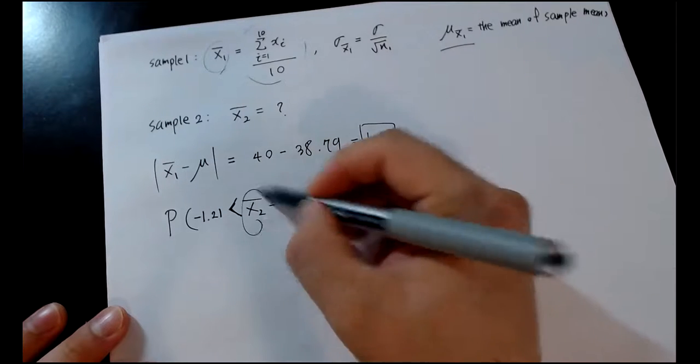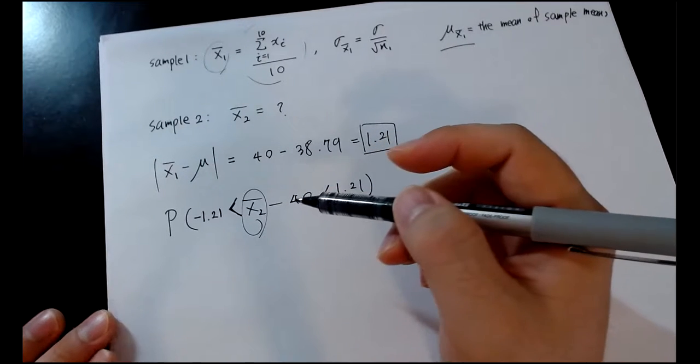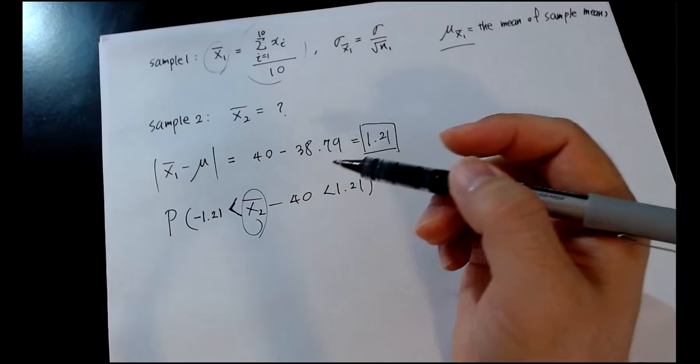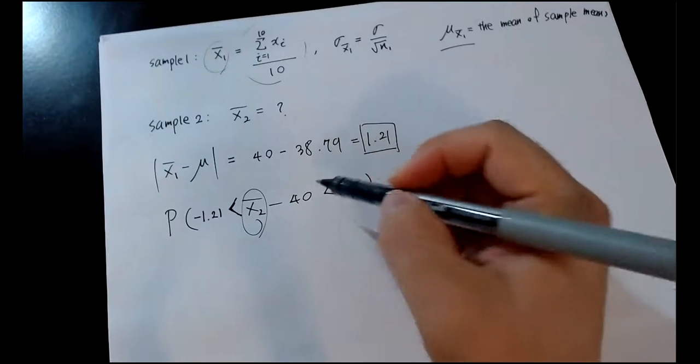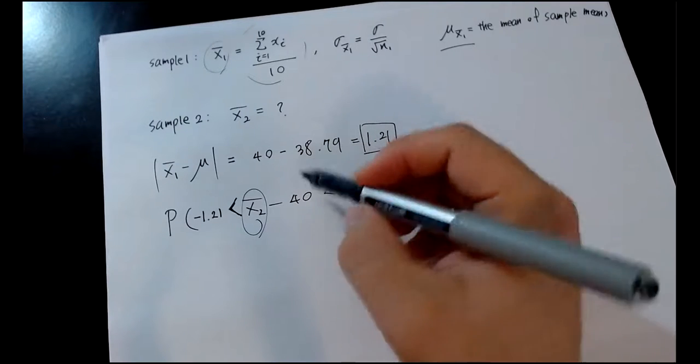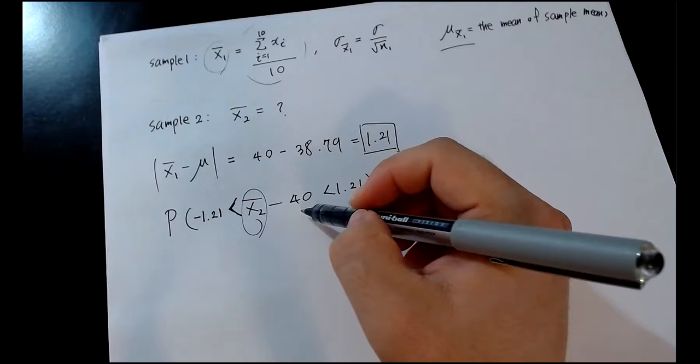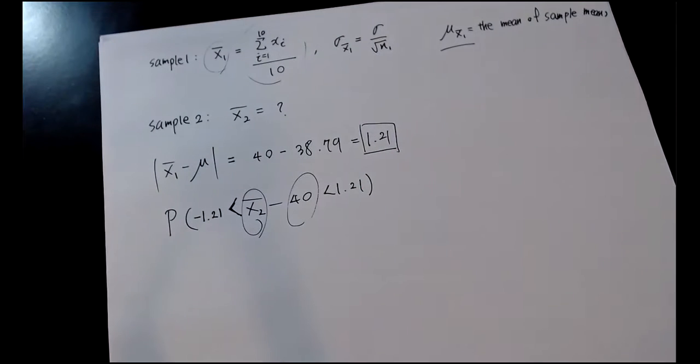But x2 bar is normally distributed. Why? Because by CLT, right? So x2 bar minus 40 is also normally distributed. So now we can use the z-score.